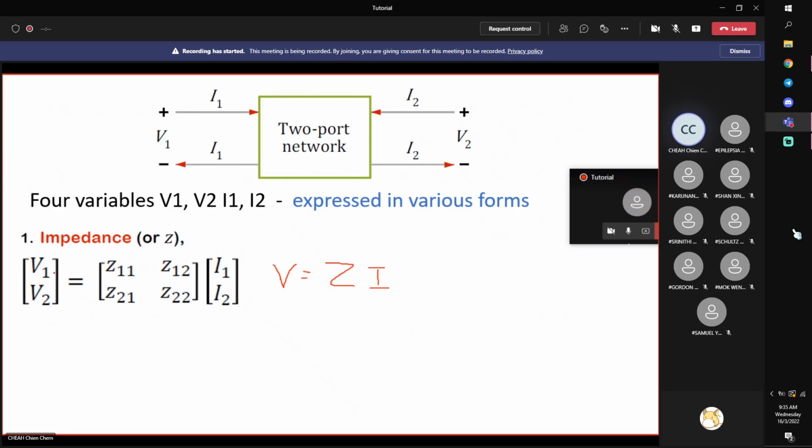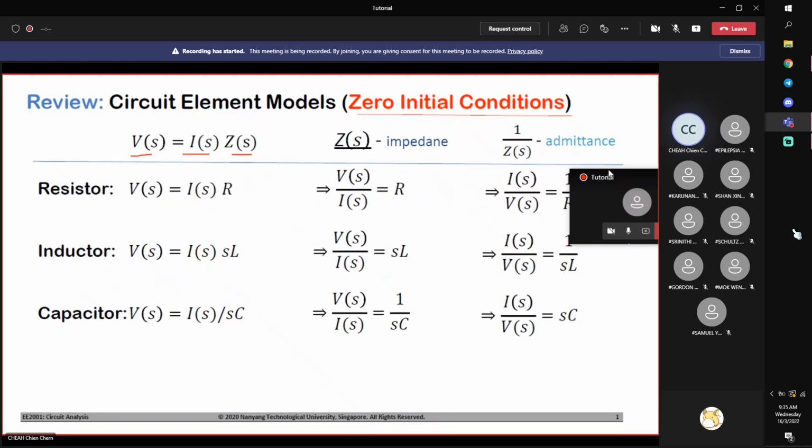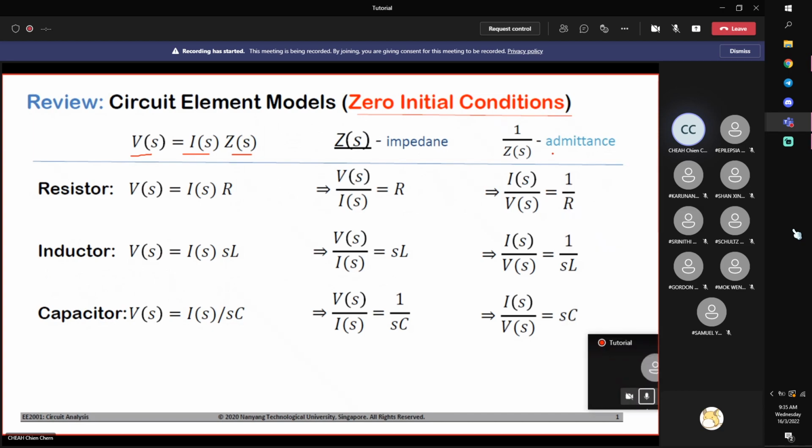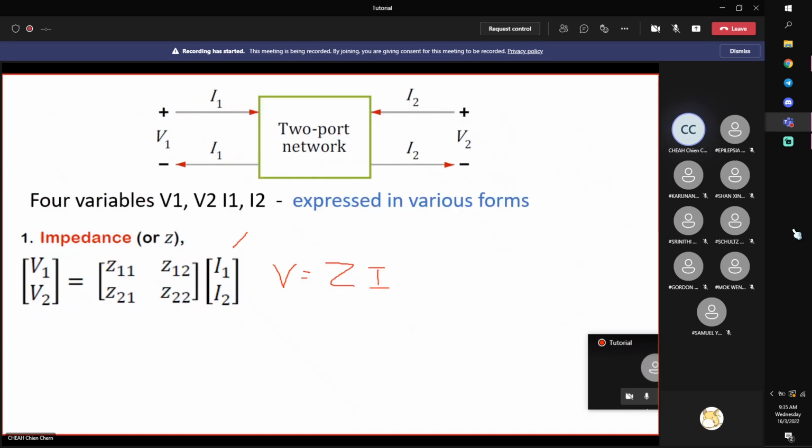Now, the other combination that we should immediately think of is the admittance form. For the impedance form, you're given I, multiply by Z, you get V. So same thing over here. If you are given I1, I2, and you have modeled this Z matrix, then given any I1, I2, you can use it to calculate V1, V2. So that's the purpose of this model.